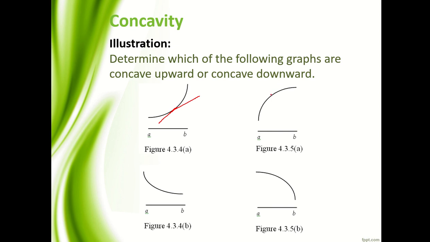In this one, perhaps the point of tangency is somewhere here, and when you draw the tangent line, we can see that the point of tangency is below the tangent line. So this is concave downward. And so with this one. Okay, this is concave upward, this is concave downward.